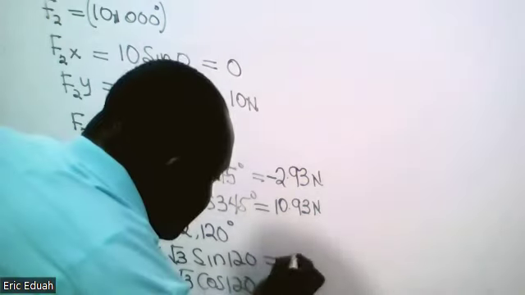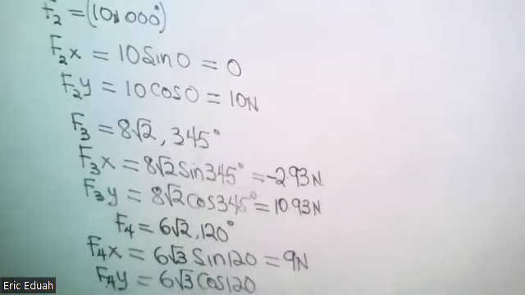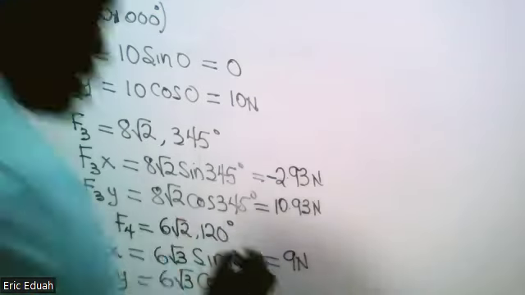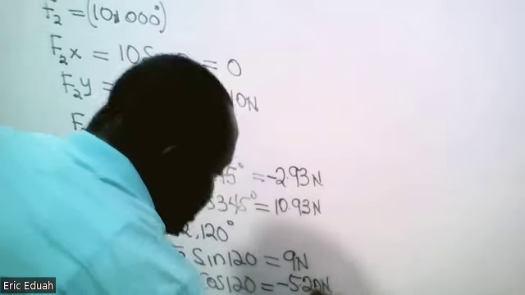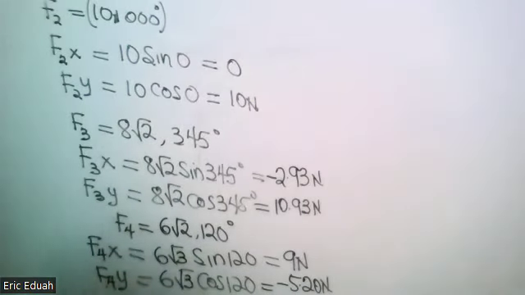Good. Then what did you also make for the cos of it? Negative 5.196. Okay. I think minus 5.20 Newton. All right. Thank you.